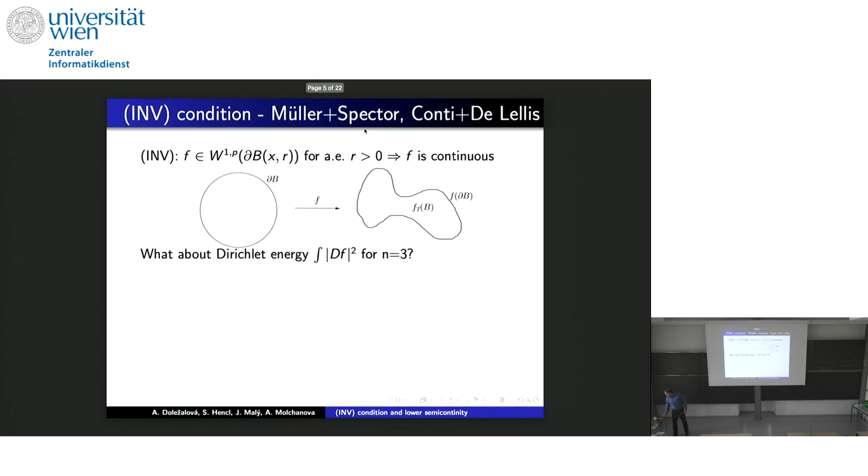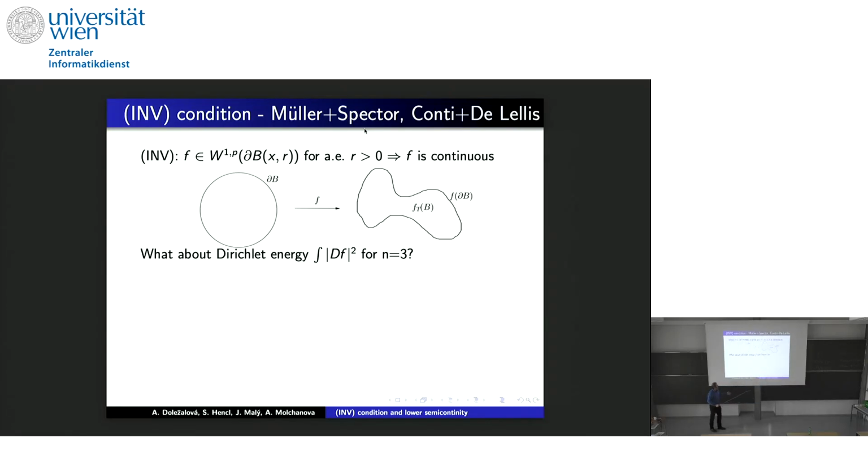So let me briefly recall what the INV condition is. If we have a Sobolev mapping, we know that on almost all spheres the restriction is in W^{1,p}. Since p is strictly bigger than n-1, the dimension of the sphere, the mapping is actually continuous. So this is a continuous image of a sphere, and it's well defined.